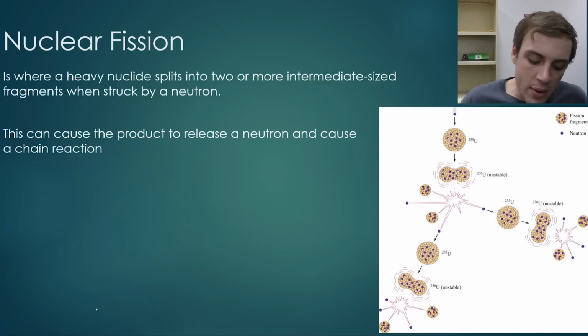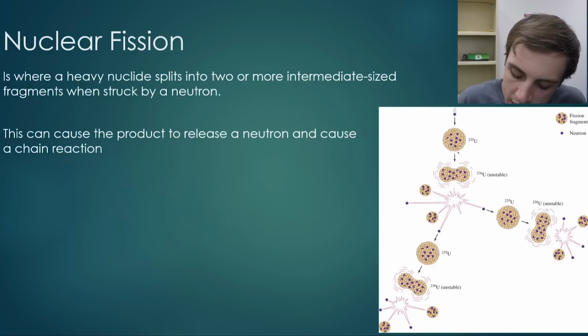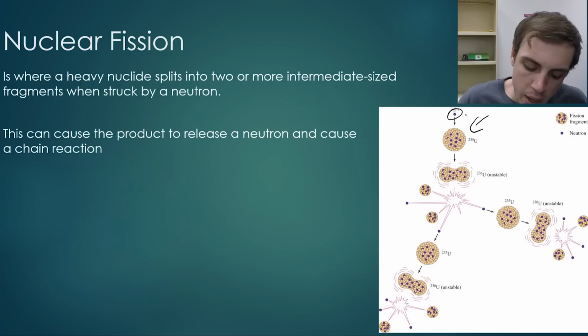So let's have a look now at nuclear fission. Nuclear fission is essentially where a heavy nuclide is split into 2 or more intermediately sized fragments. So that's what we can see going over here. We have our large nuclide here, and it's being struck by a neutron.